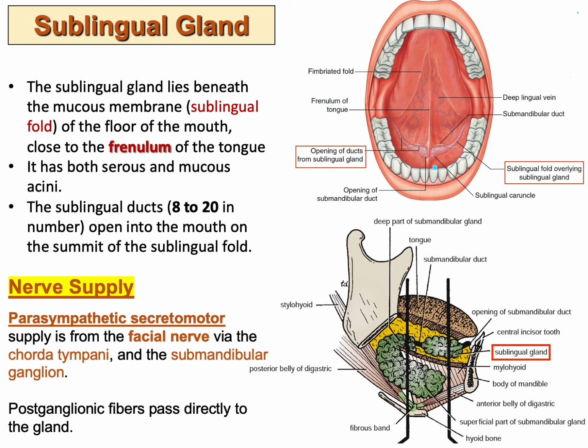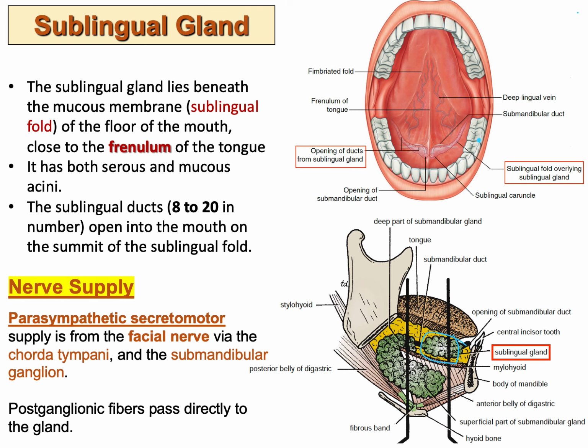However, guys, the sublingual gland is located in the sublingual fossa, directly under the mucous membrane that forms the floor of the oral cavity. So guys, let us be a little bit specific.